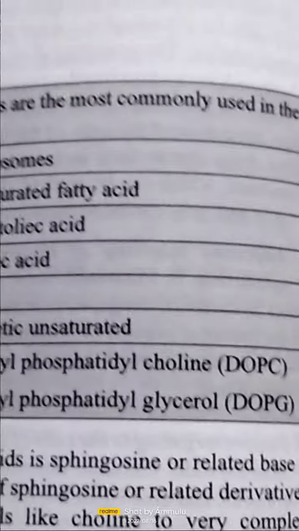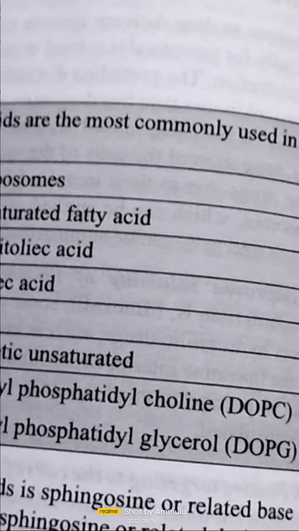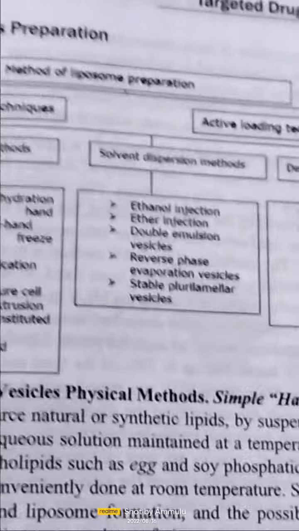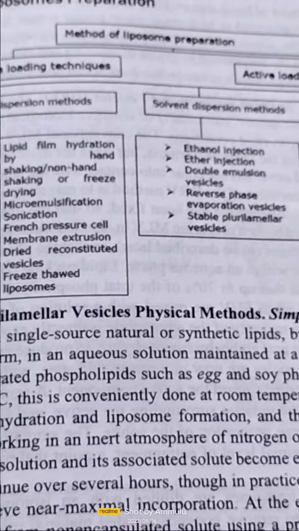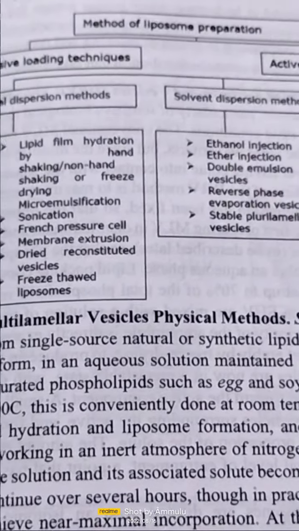And methods of liposome preparation. What are the methods of liposome preparation? That is passive loading technique and active loading technique. Here are the two types of techniques used to perform the preparation of liposomes.